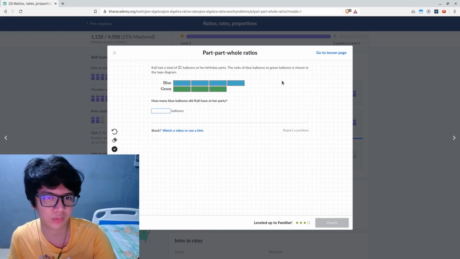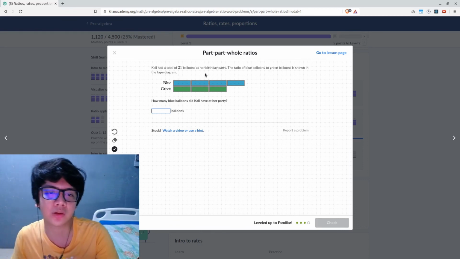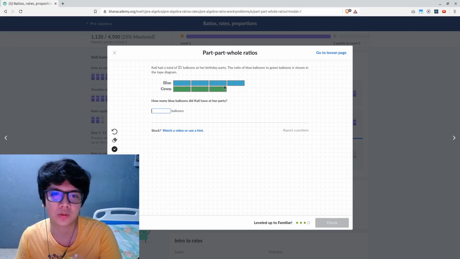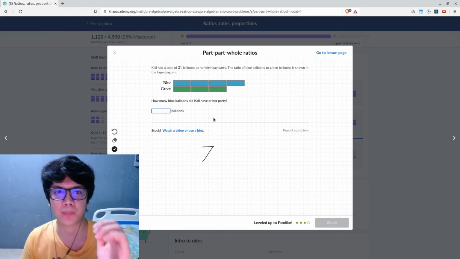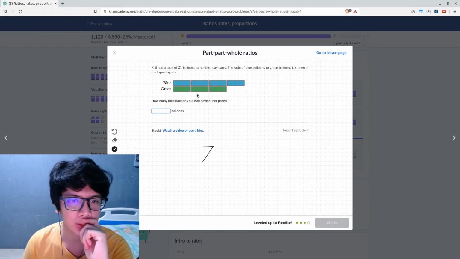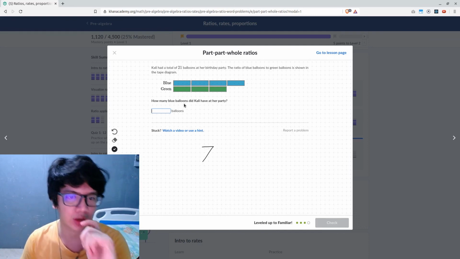What? Total of balloons. Okay. So if we have this is 7 total. So times 3. Multiplies by 3. How many blue balloons? Not 12.